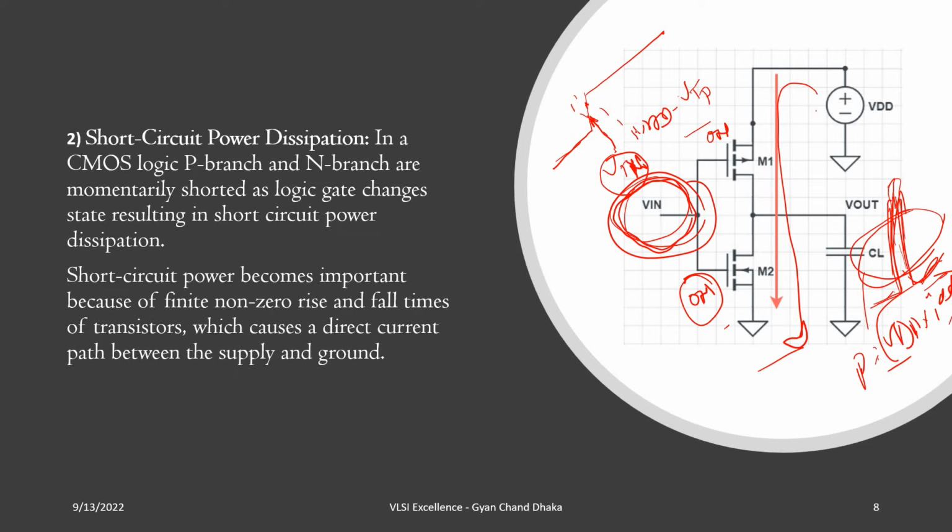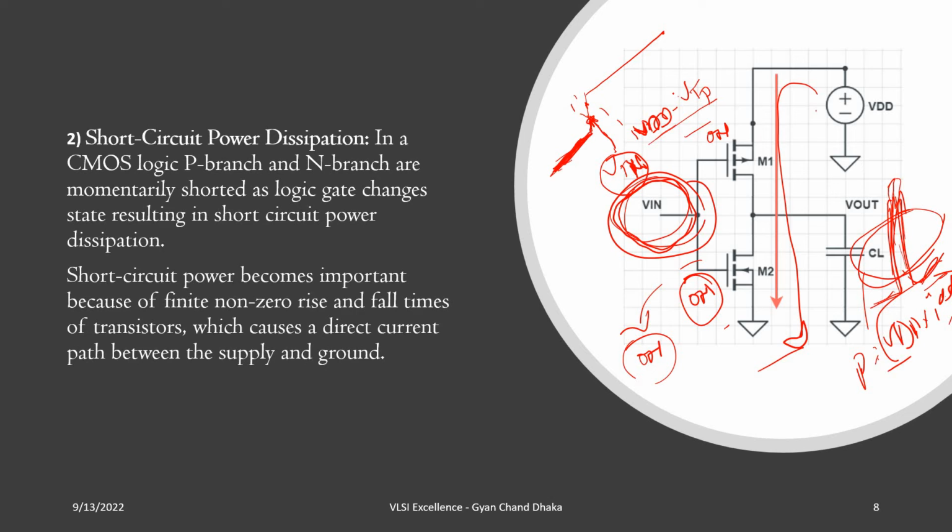So here, if you see, the NMOS transistor is off, and when the input voltage rises from 0 to VTN, after the threshold voltage the NMOS transistor will become on, but the PMOS transistor is still on. The PMOS transistor will be off when the input voltage reaches VDD minus VTP, the threshold voltage of the PMOS transistor.